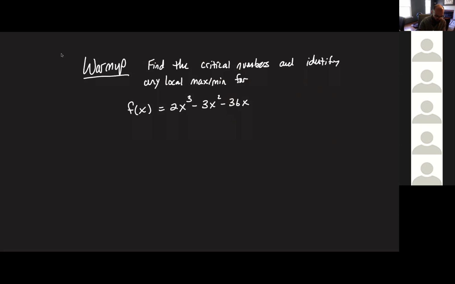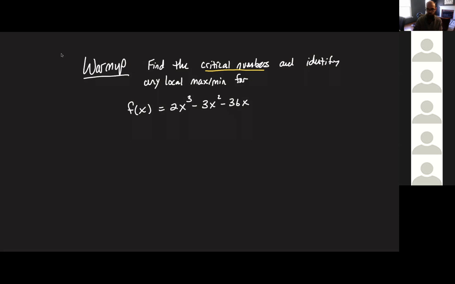So what we're going to do is remind ourselves what these words mean. Critical numbers. A critical number is any time that the derivative is 0 or does not exist. So we're going to look around for critical numbers, places where the derivative is 0 or does not exist, and those are going to be candidates for our extreme values.